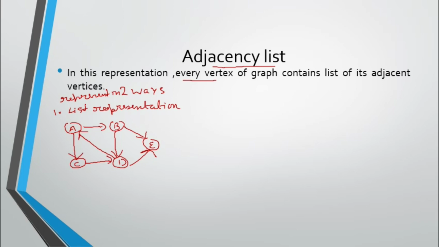Yes, so our graph is complete. So how to do this? You have 5 vertices here, so you need to maintain a main list. Of course, this will have 2 parameters, the first one for the info and the second one for the link.